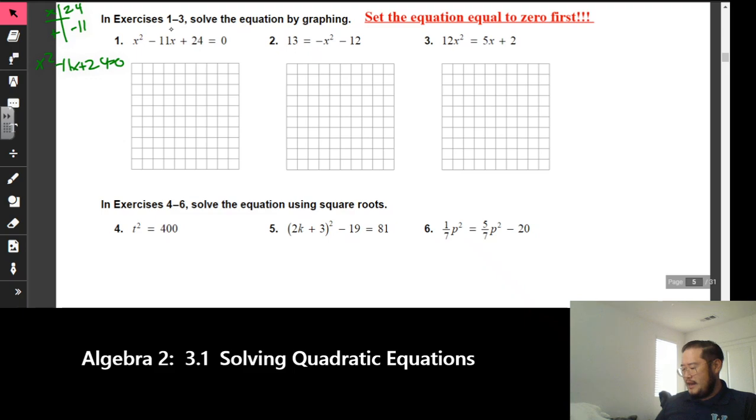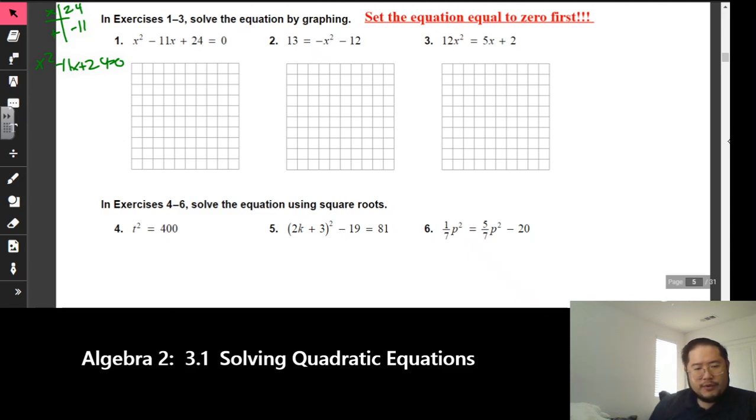Now, if you notice, we have to get negative 11. So the combination that works right here is negative 8 and negative 3, because negative 8 times negative 3 gets me positive 24, and negative 8 plus negative 3 gets you negative 11.